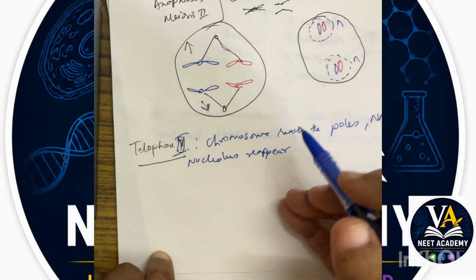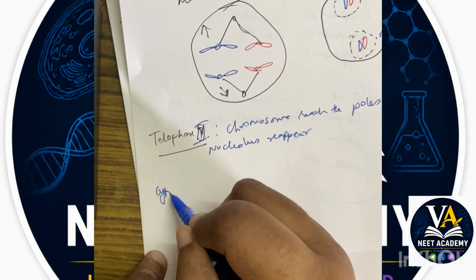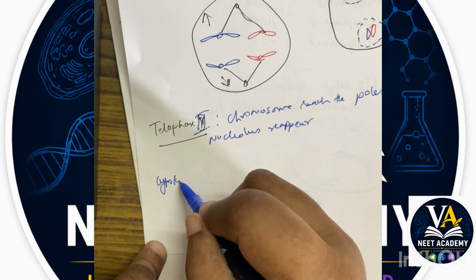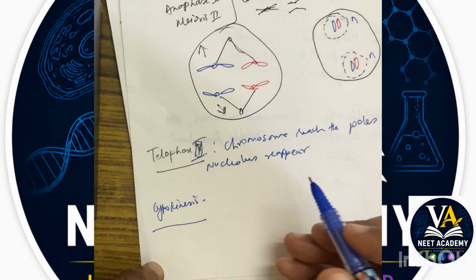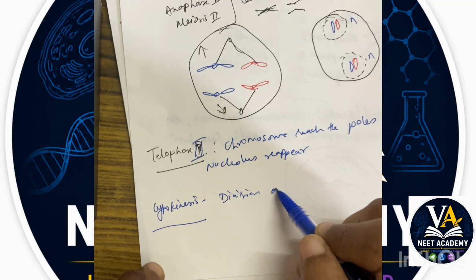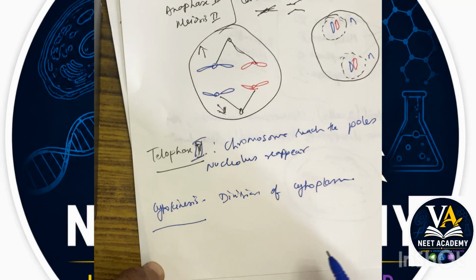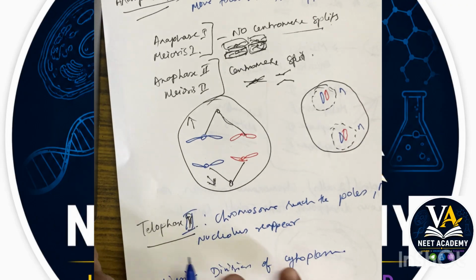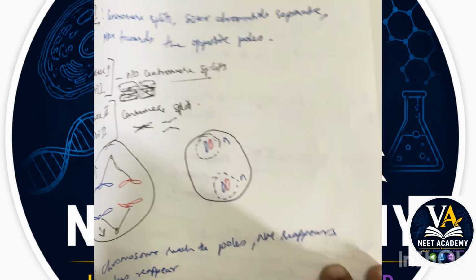The stage is cytokinesis. As all of you know, cytokinesis is the division of cytoplasm. Finally, after the division of the cytoplasm, the cell will be like this.